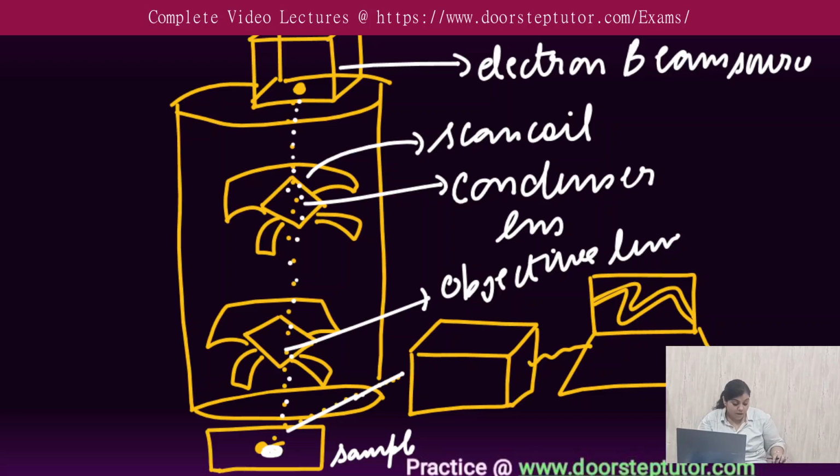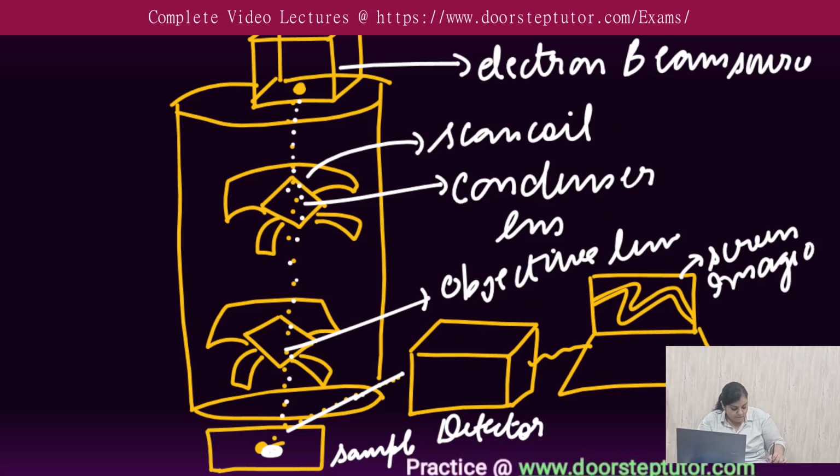This is the beam which passes through the detector, and on the monitor attached to the detector, you are able to see the sample structure. So this is the screen where it will show you the image of the sample.